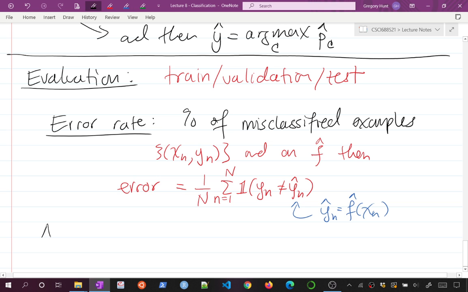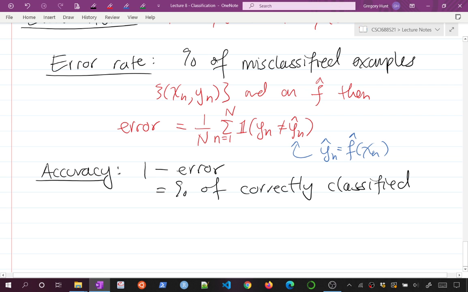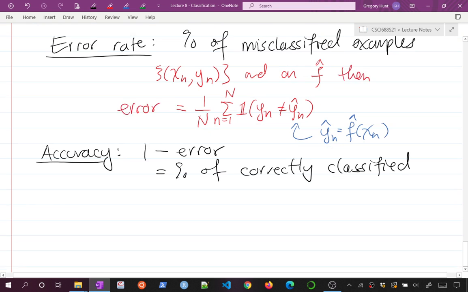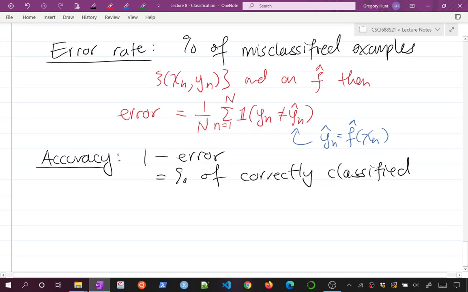People talk about accuracy. And accuracy is just 1 minus error. That's overall accuracy, or equivalently the percent of correctly classified examples. Unlike regression, where the popular metrics are all one-to-one functions of each other, for classification you could look at error rate or accuracy per class also.